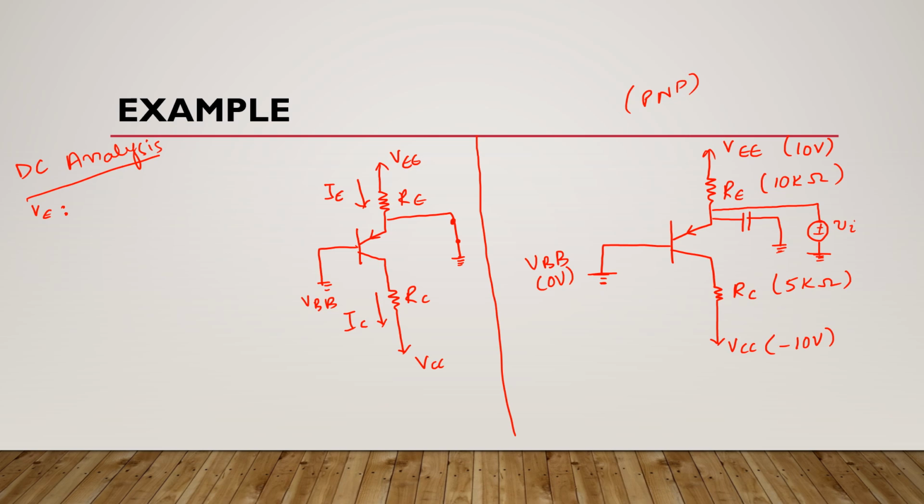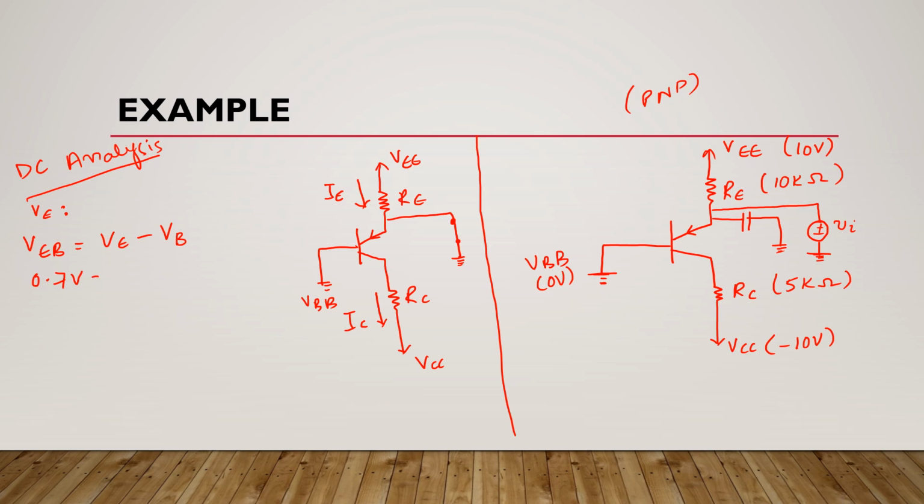We know that in PNP transistor at emitter base junction we have voltage drop VEB, which is equal to VE minus VB. In forward biased condition, this VEB is approximately equal to 0.7 volts.